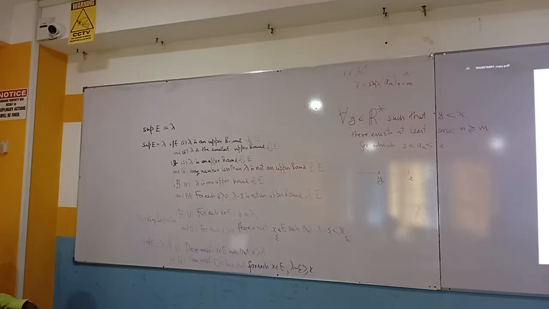Okay, assume that y is a least upper bound of the set A_n. I'm making an assumption, so I'm trying to make a contradiction. Then if you are going to take a contradiction, you have to assume the negation of the given statement. So what is it?